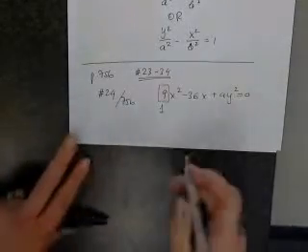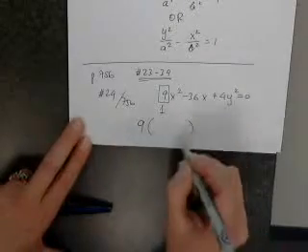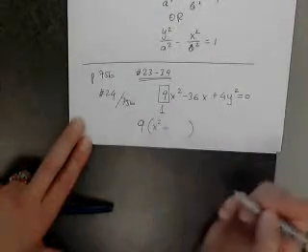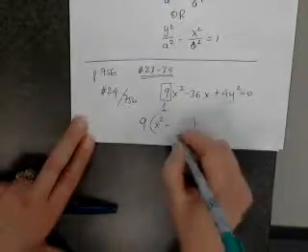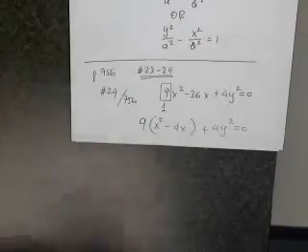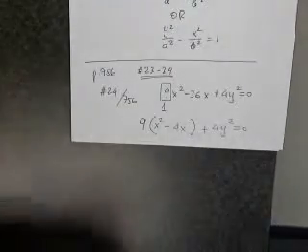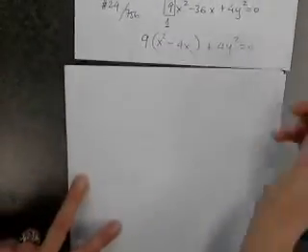So what I will do, I will factor out 9 just from these first two. So this is x^2 - 4x, and plus 4y^2. y^2 is alone, so leave it alone for a moment. Okay, so that was my first step.